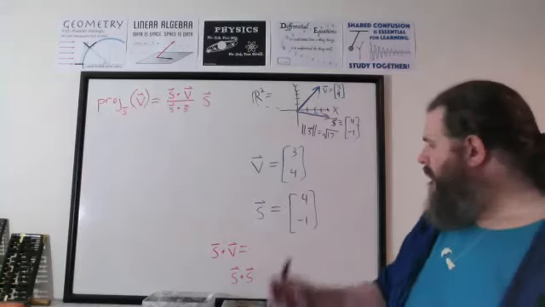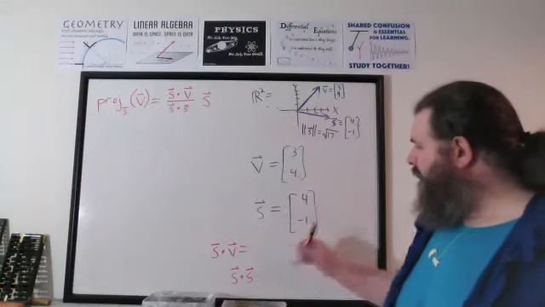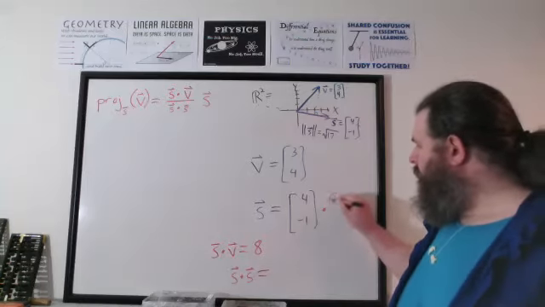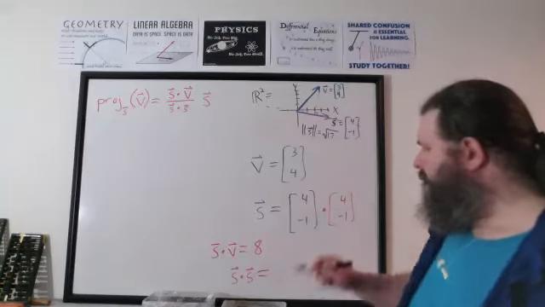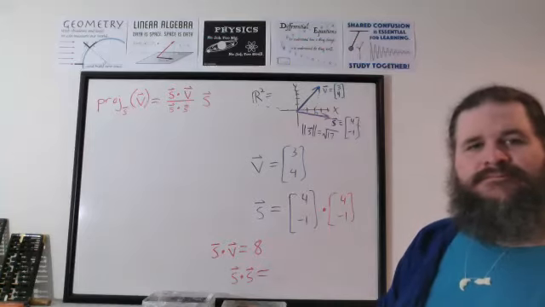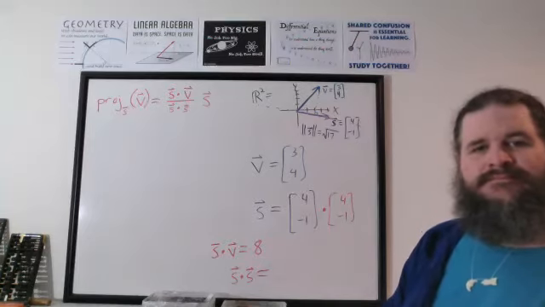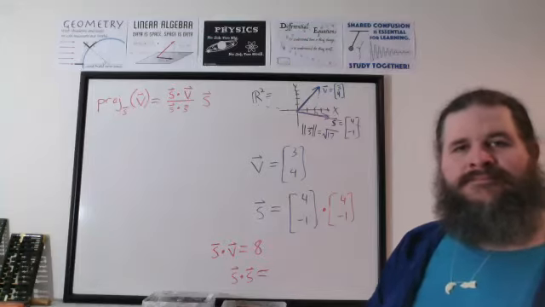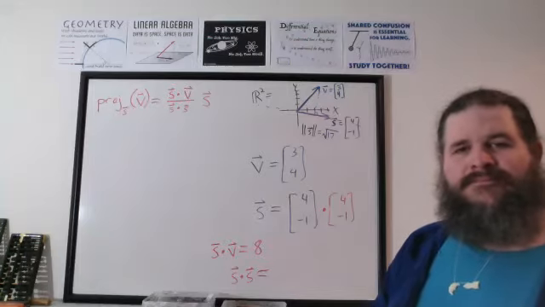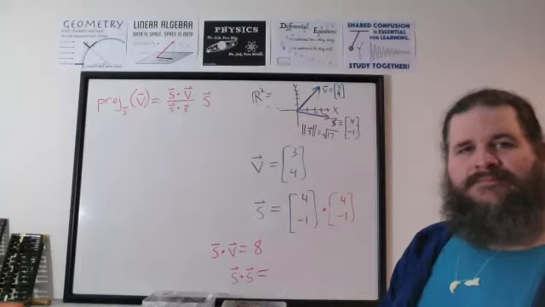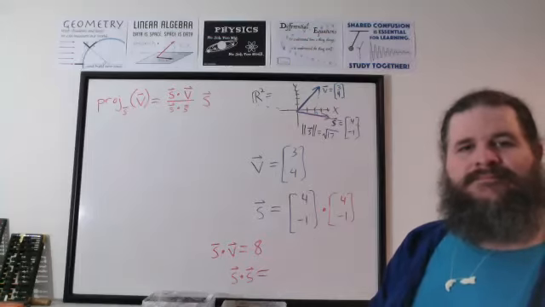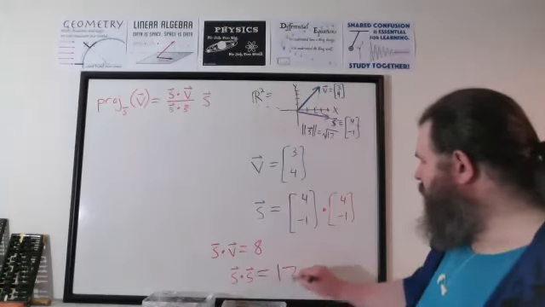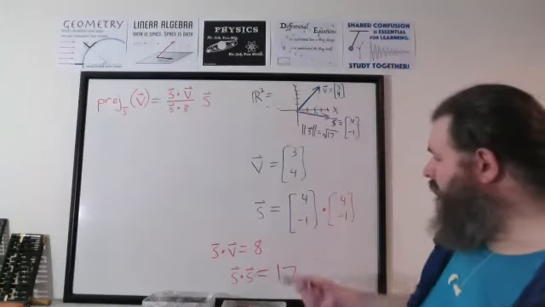Eight. Yeah, 3 times 4 plus 4 times -1 is 8. And what about S dot itself? 17. Yeah. 4 times 4 plus -1 times -1, 17.